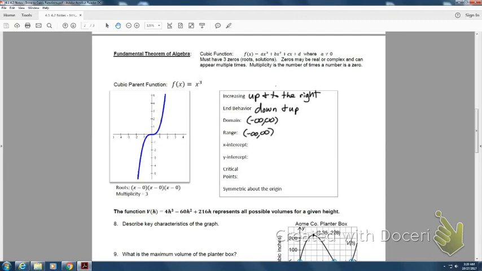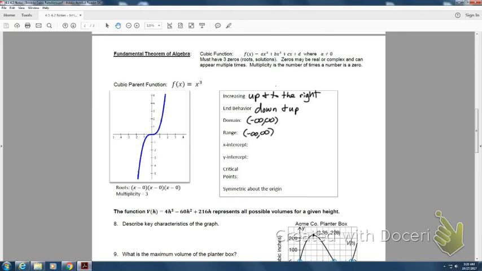So do not put anything other than that when asked for domain and range. We will talk later in the notes about a problem that they could ask that would change the domain and range though.